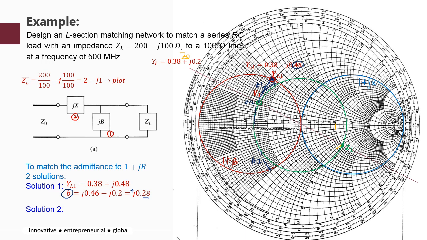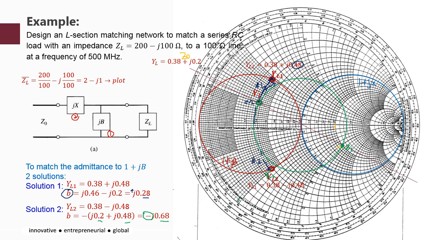The next possible solution is to move YL downwards, to YL2 down here. When it is moving downwards, obviously the j will be negative. From 0.2 down to this point, which is minus 0.48, the total movement is 0.2 plus 0.48, which is 0.68 downward, so B2 is negative.